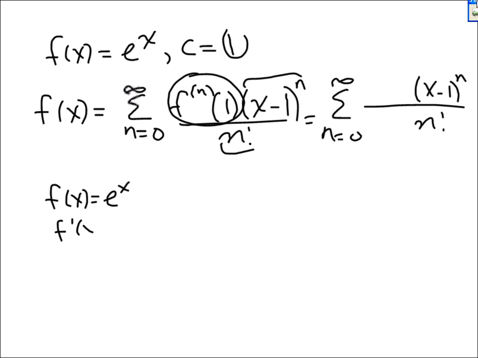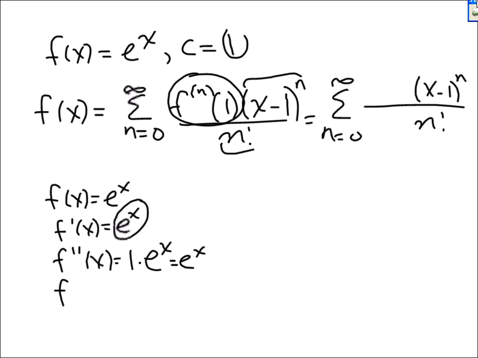F prime of x is e to the x. The second derivative of e to the x: remember, the derivative of e to a power is e to the power times the derivative of the power. And 1 times e to the x is e to the x. The derivative of e to the x is e to the x. So the nth derivative of f is e to the x.